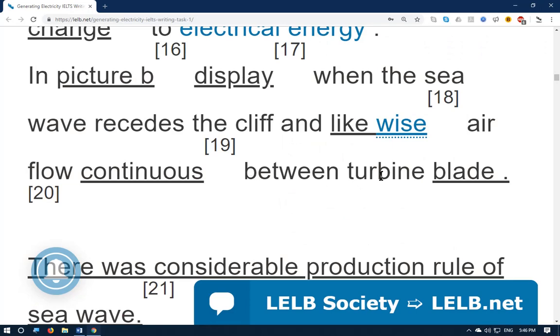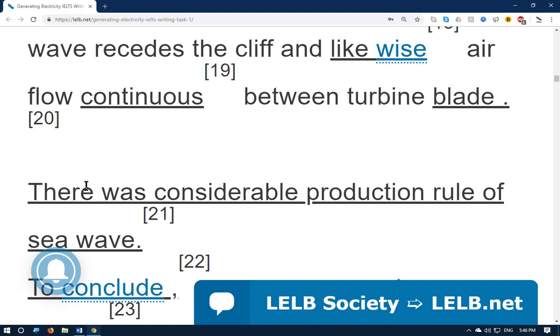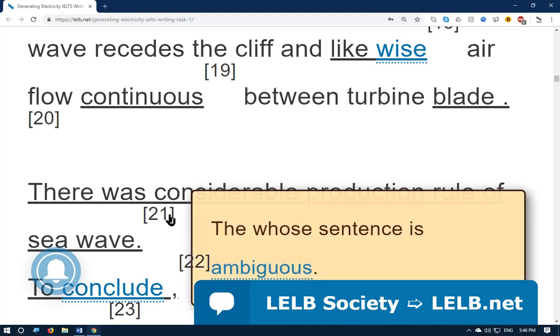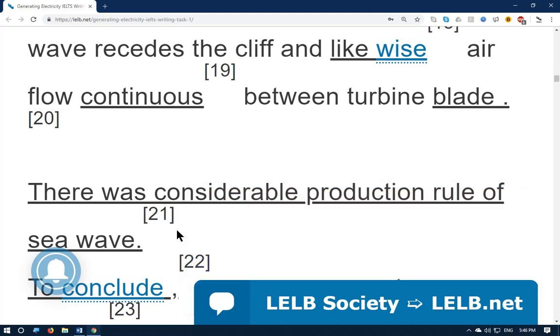Between turbine blades, again plural blade, there was considerable production rule of sea wave. As I said, the whole sentence is ambiguous. I couldn't figure out what the meaning of the sentence could be.